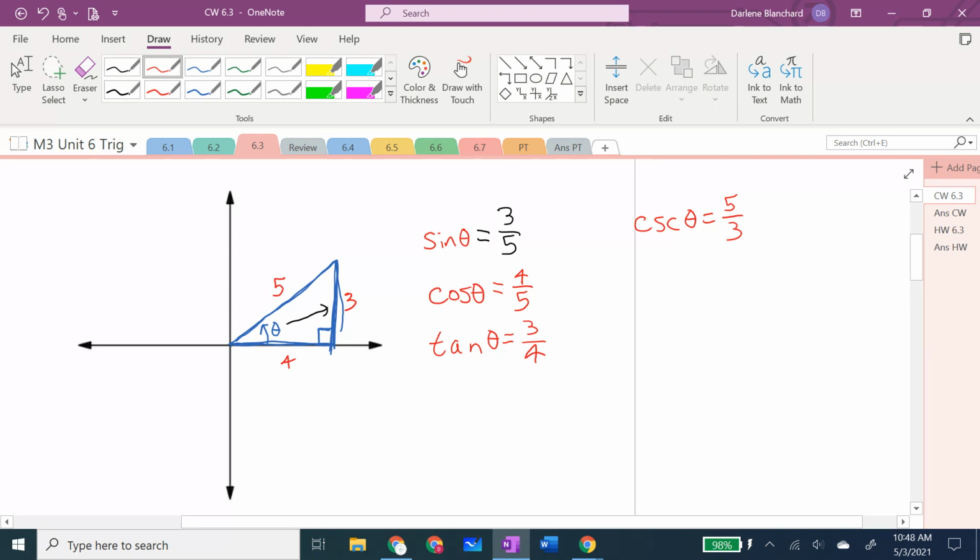Cosine and sine, it's the opposite of what you want. Yeah, it takes a little bit of getting used to. Secant, I can do this. And then what is tangent's reciprocal?